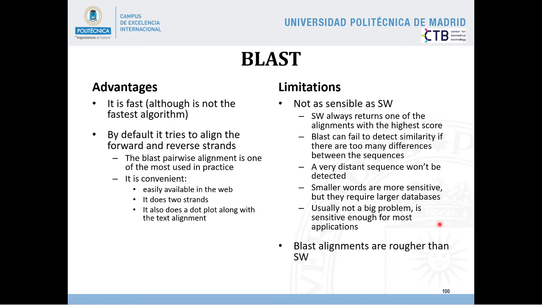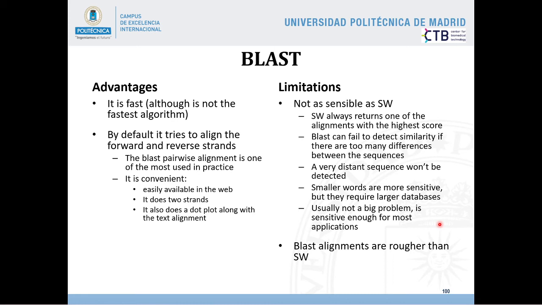So if our strand is by chance, for example, inversed because of some process or recombination or whatever, we would also find those sequences that are aligned with the reverse strand, the one that goes 3 to 5 instead of 5 to 3. It is very convenient because it is available on the web, and it also does a dot plot along with the best alignment.